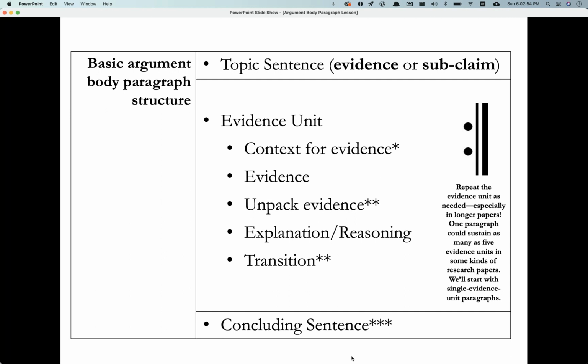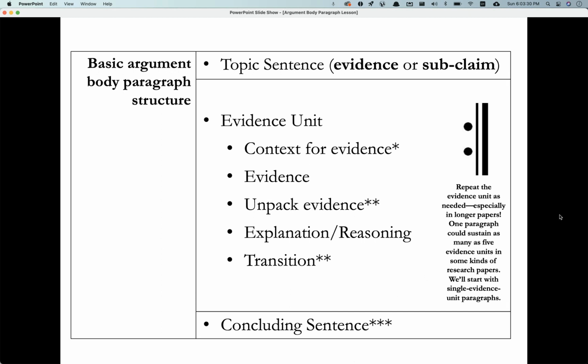You have to make a decision, though, about whether or not the evidence needs unpacking. More on this in a few slides. And then there is the transition, which of course is optional because if you only have 1 evidence unit in a paragraph, there's no need for a transition between evidence units. There's only 1. And then the concluding sentence, sometimes you don't need it if your explanation and reasoning is sufficient. And also the concluding sentence might be an extension of explanation and reasoning. They might flow together in a certain way.